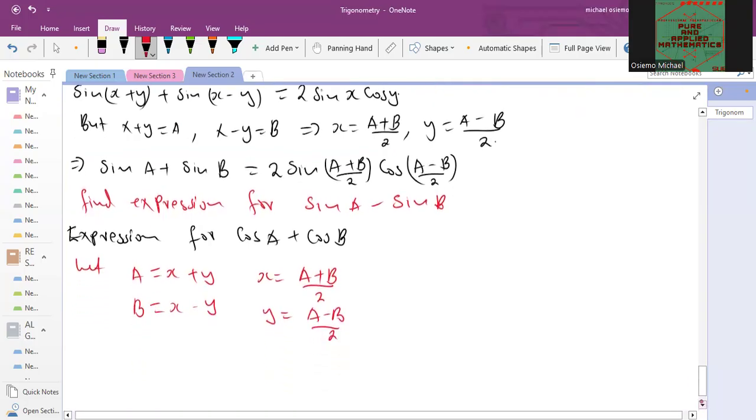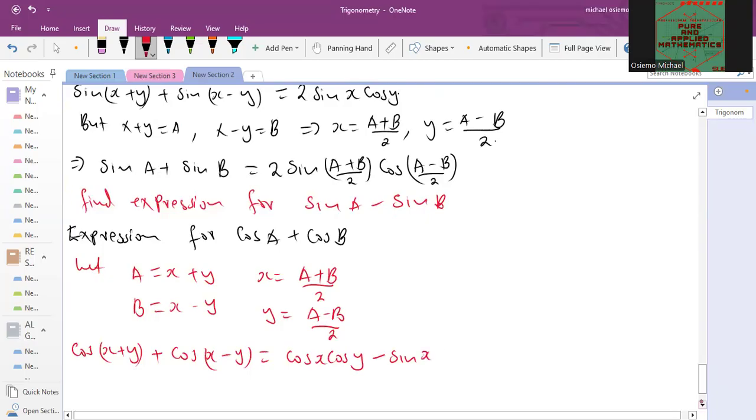From that point, it means that we need to expand cos of x plus y, plus cos of x minus y. For cos of x plus y, it will be equal to cos x cos y minus sin x sin y.